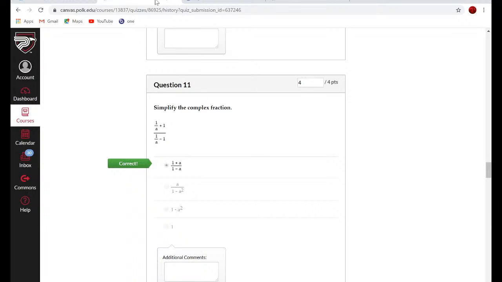All right, here, let me give you this one last one. x plus 7 over x squared plus 9x plus 14. Simplify that.